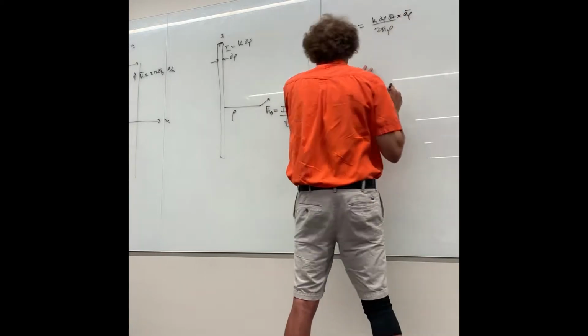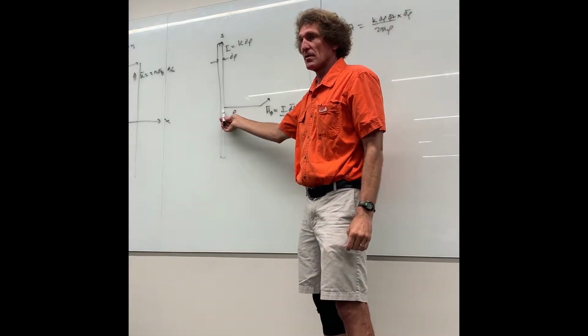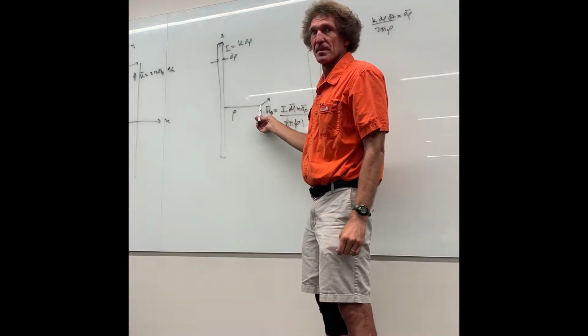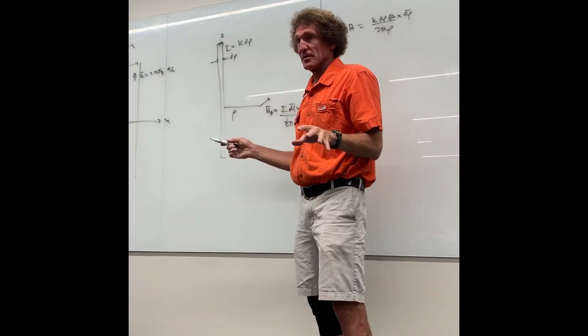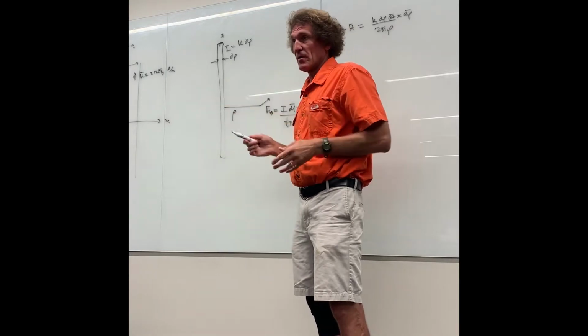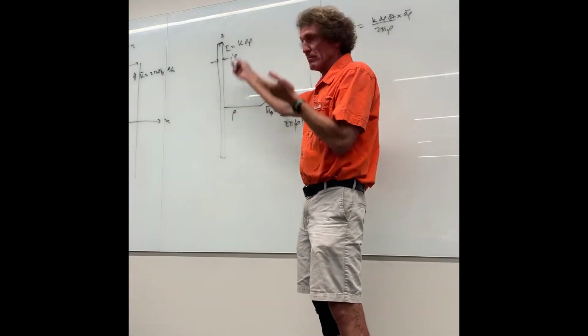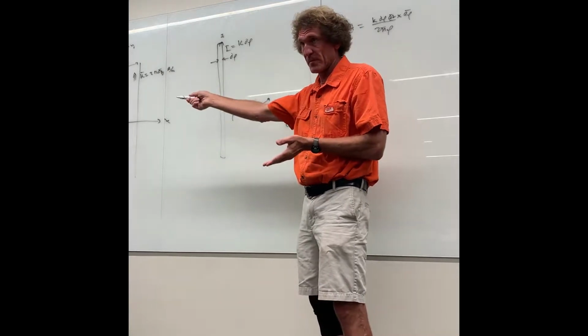And remember, a_rho is a unit vector from the center point of that current filament to the point of observation of the H field, correct? First, you have to accept that as the truth, then we're going to modify it. I call it the building block approach because this is your building block. This is the thing we know that we can use to get the H field.